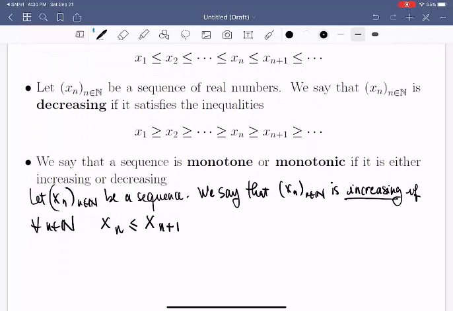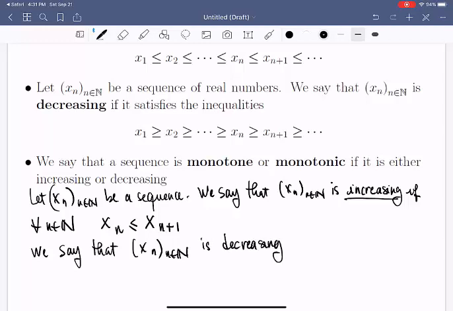And we say that xn is decreasing if for every natural number n, actually xn is greater or equal to xn plus 1. So this is perhaps a much more formal way to define the concept of increasing and decreasing sequences.